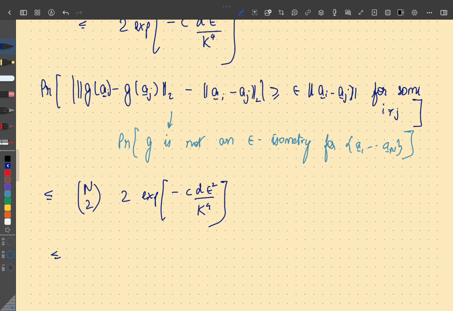Which is at most n square times 2 times e to the power minus some universal constant times d epsilon square divided by k to the power 4.